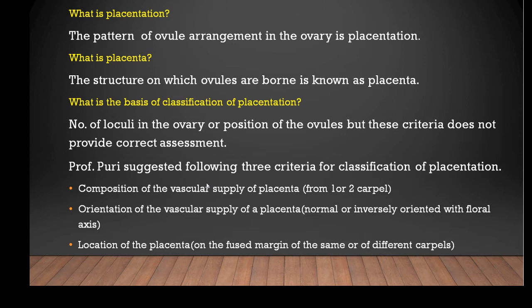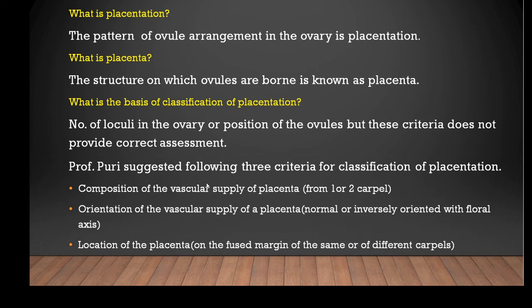Generally, the placenta is a cushion-shaped structure situated along the line of fusion of carpellary margins. The placenta is a distinctive structure in some families like Solanaceae, Cucurbitaceae, and some primitive families such as Winteraceae.